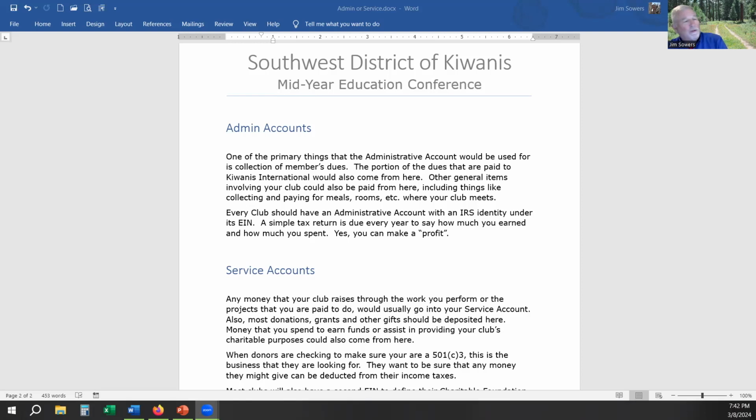They still have to do all the dollars and cents themselves, not through someone else. Once they have everything in line, those clubs simply ask to be attached to the Southwest District Kiwanis Foundation, and they become subordinate organizations to us. We list them as such with an annual filing to the IRS. They still have to do everything that they would do if they were independent. They just don't have to wait for approval.